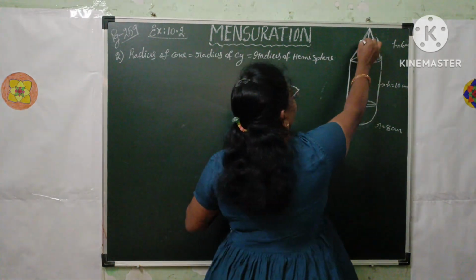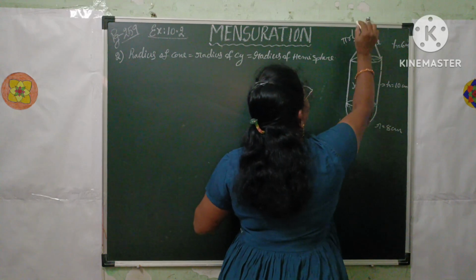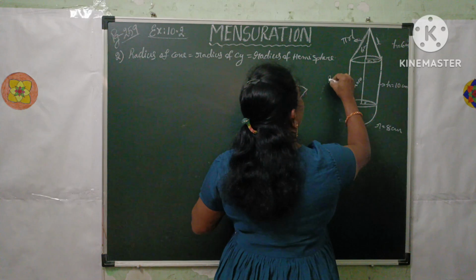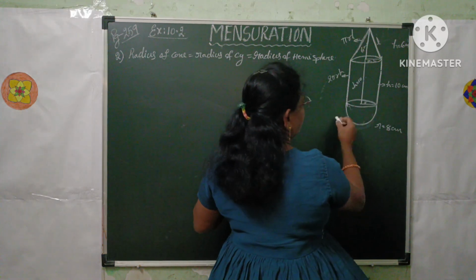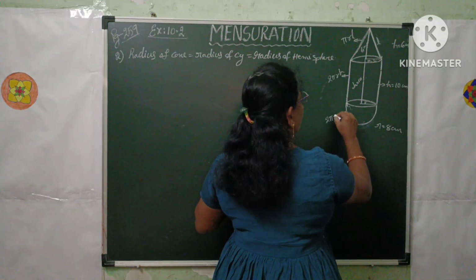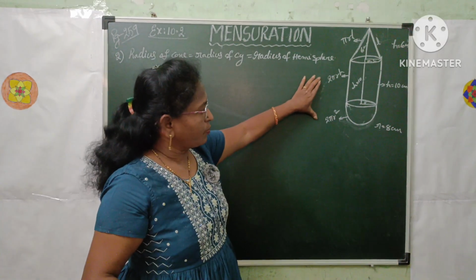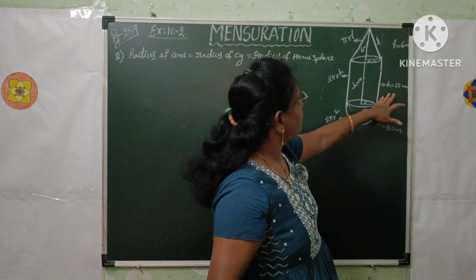Here the surface area of the cone is pi r l, the cylinder is 2 pi r h, and the hemispherical portion is 2 pi r square. These are the formulas. Here radius we know, height we know.